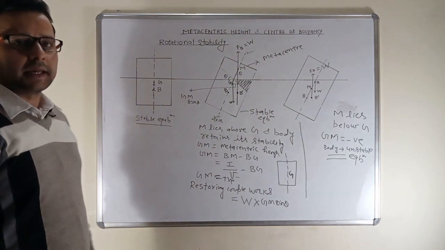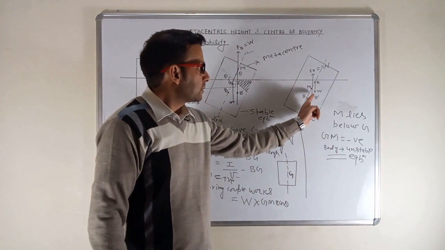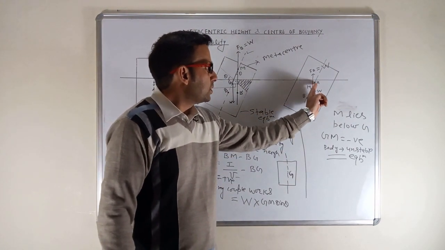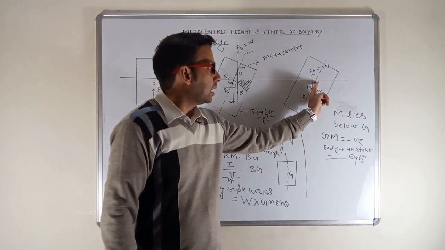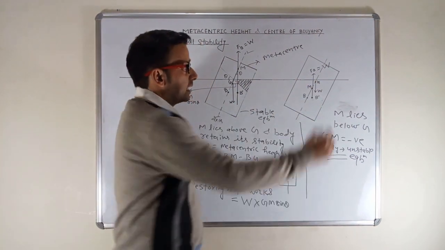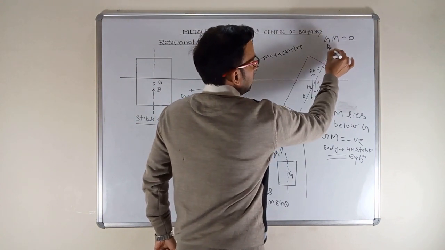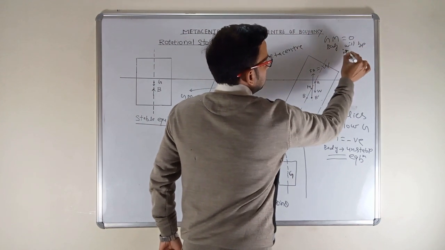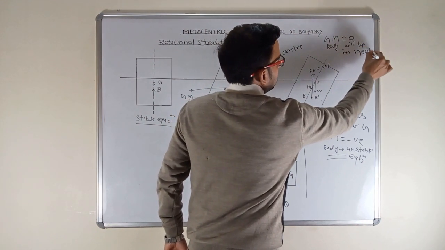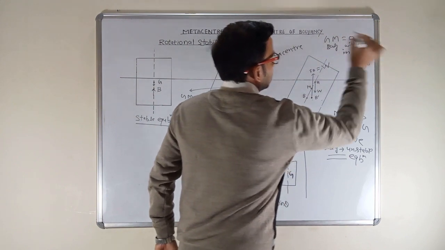And the last and third case is when M coincides with G, meaning M lies exactly above G. In that case, metacentric height will be 0 and the body will be in neutral equilibrium. Neutral equilibrium.